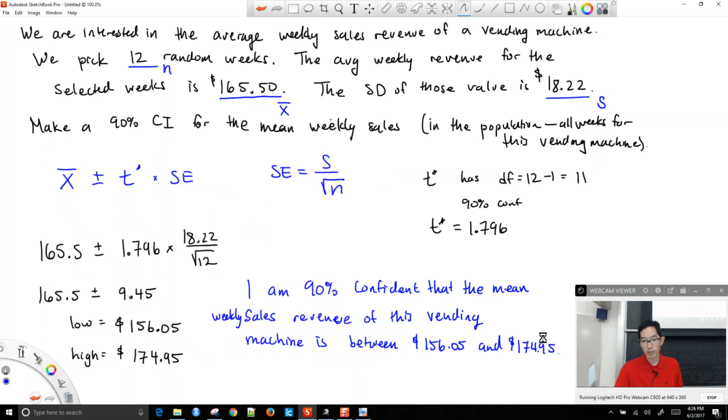The end. Okay. Is that good with everyone? Makes sense? Okay, so let's say this is my confidence interval. This is my 90% confidence interval.